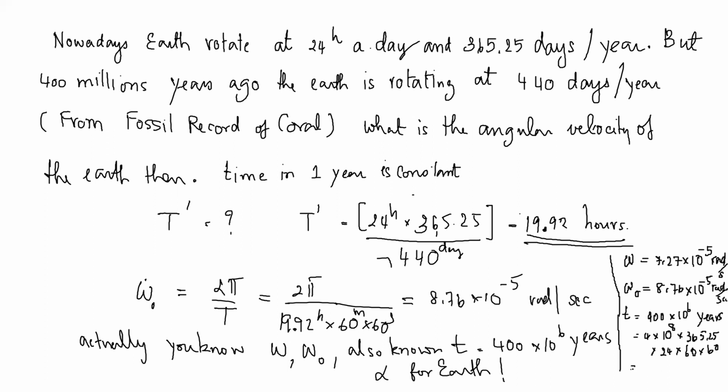Whatever it is, you can find alpha equal to omega minus omega 0 divided by t, in which I leave that calculation for you to do.